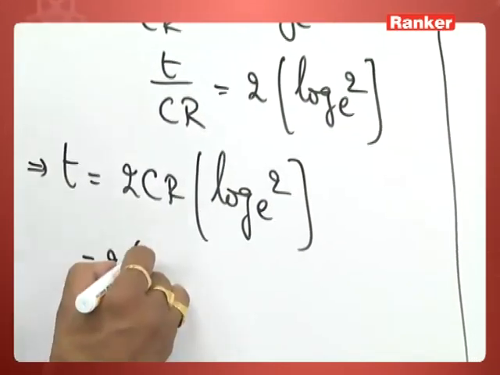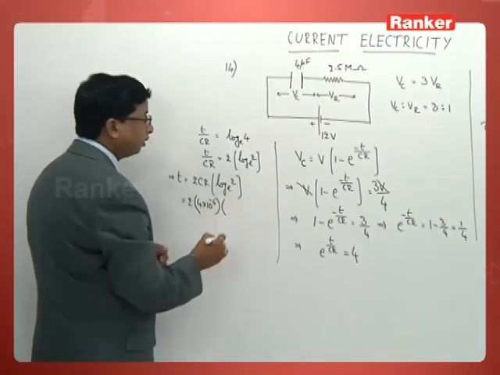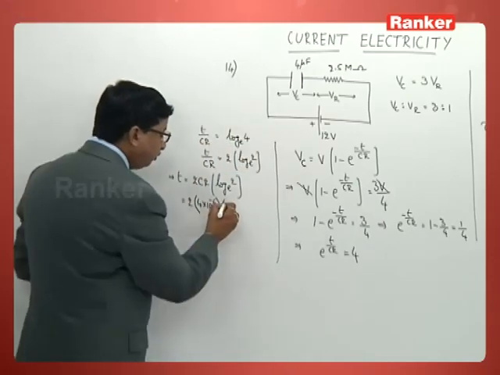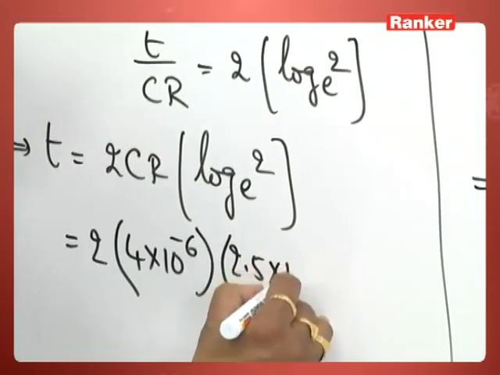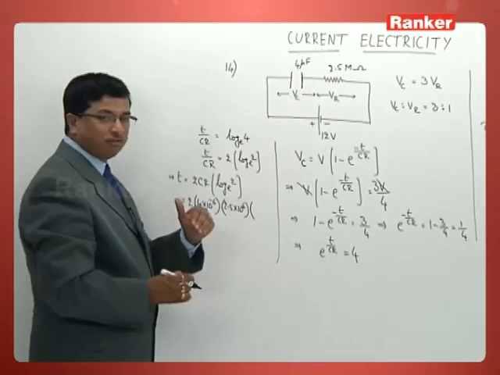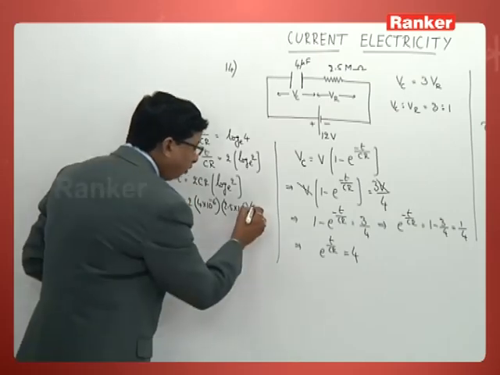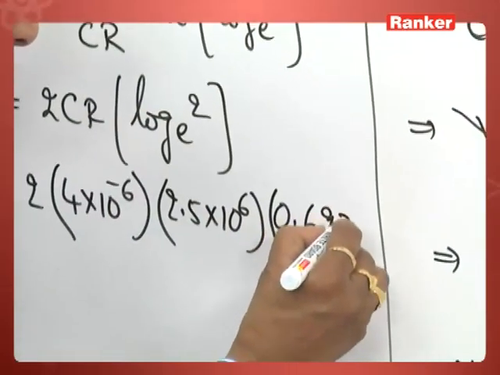C value is given as 4 micro. R value is given as 2.5 mega ohm. Log 2 to the base e, that is ln 2, he gave 0.693.